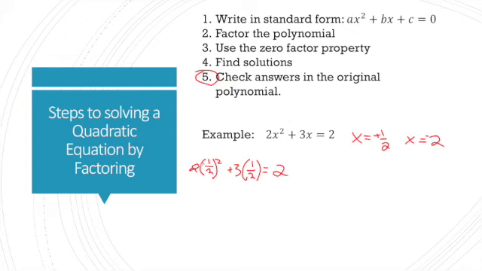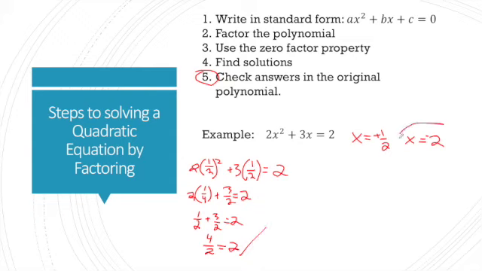So I have 2 times 1/2 squared, which gives me 1/4, plus 3 times 1/2 gives me 3/2 equals 2. I then also have that 2 times 1/4 is going to give me 2/4, which is 1/2. So I have 1/2 plus 3/2 equals 2. That gives me 4/2 equals 2. And 4 divided by 2 is 2, so this is a true statement.